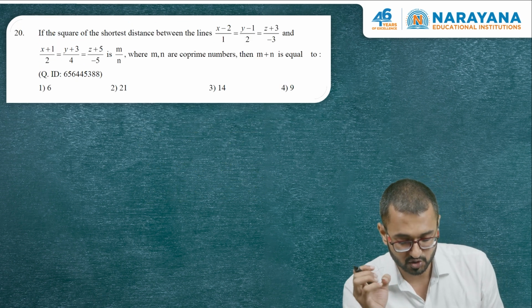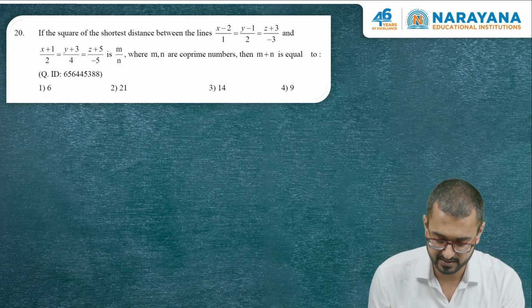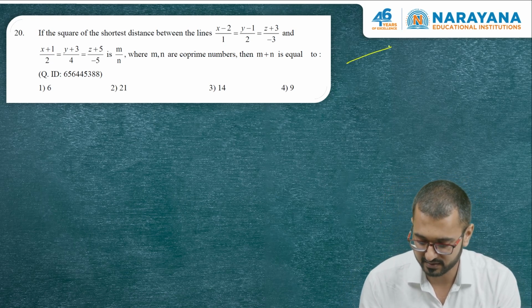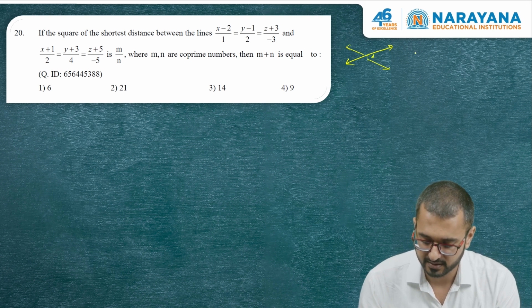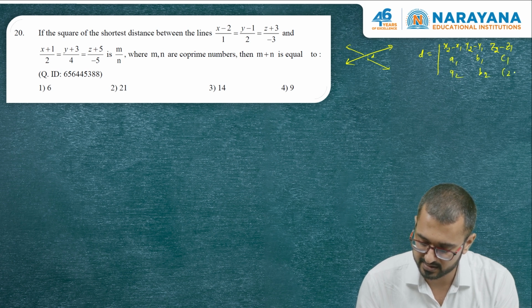So if the square of the shortest distance between the lines, suppose I have this is my line and this is another line, and I want the shortest distance, say D. So D is given by simply the determinant of x2 minus x1, y2 minus y1, and z2 minus z1, over a1, b1, c1, a2, b2, and c2.